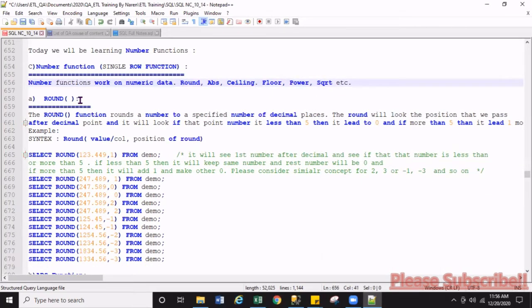So what does the round function do? The round function rounds a number to the specified number of decimal places. It looks at the position that we pass after the decimal point, and checks whether that number is less than 5.